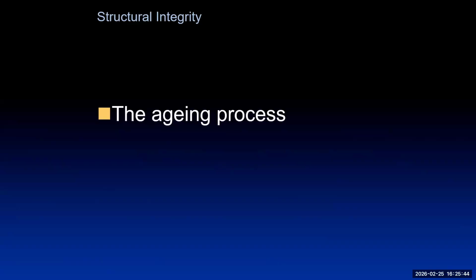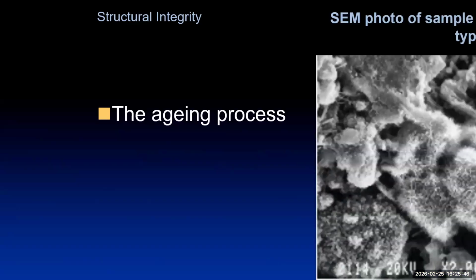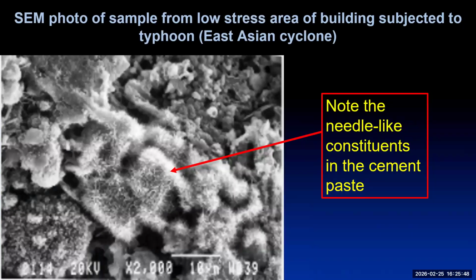Next one. Concrete looks a bit like this under a scanning electron microscope. Now look in detail, you will see needle-like constituents in the cement paste. That's what cement paste looks like. Next slide.